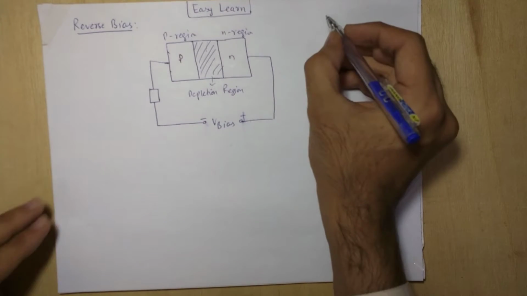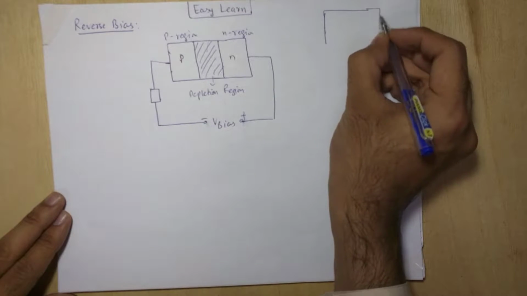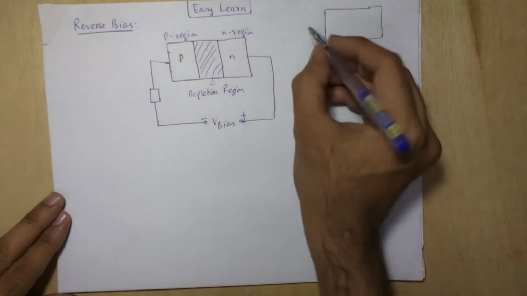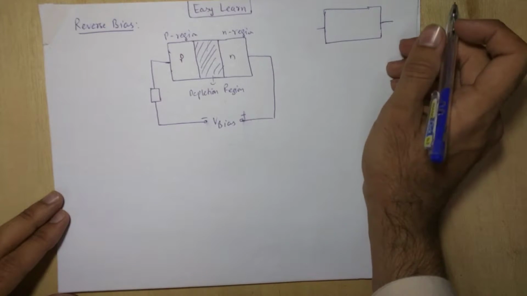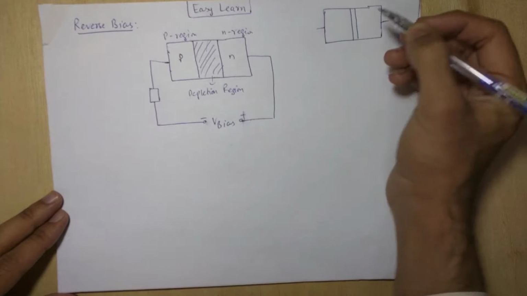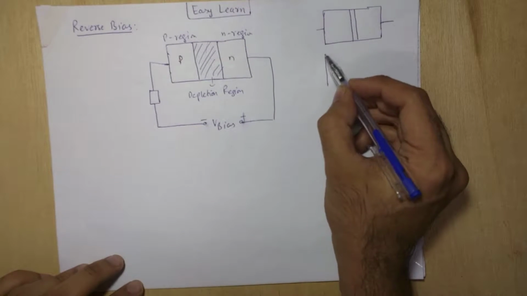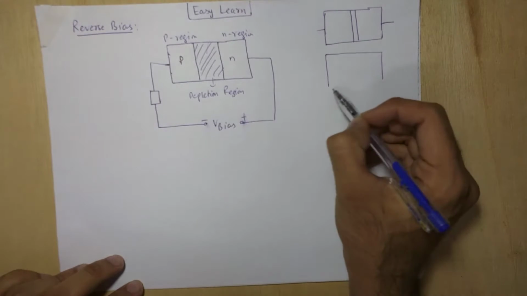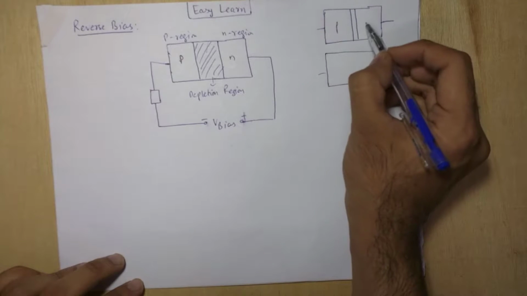For example, this is the normal case. I draw the normal case, when no bias voltage is applied to its terminals. In the normal case, its depletion region is just like that. In the previous forward bias case, this is the P region and this is the N region.